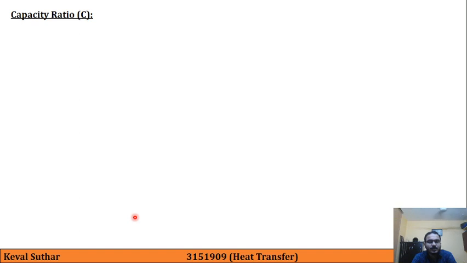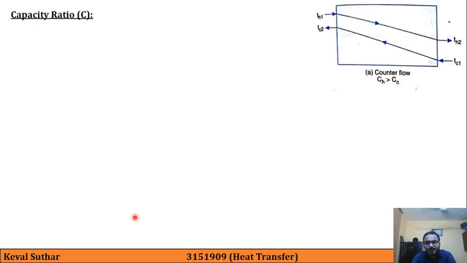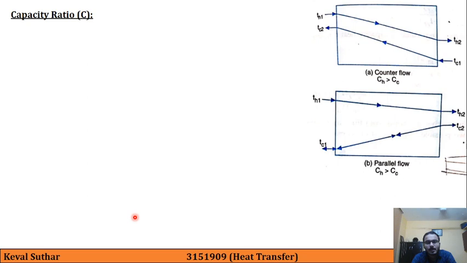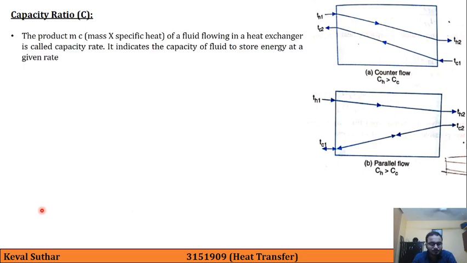Now we will begin the new topic of today's lecture, that is capacity ratio. The product m into C, that is mass into specific heat, of fluid flowing in a heat exchanger is called the capacity rate, and it indicates the capacity of fluid to store energy at a given rate.